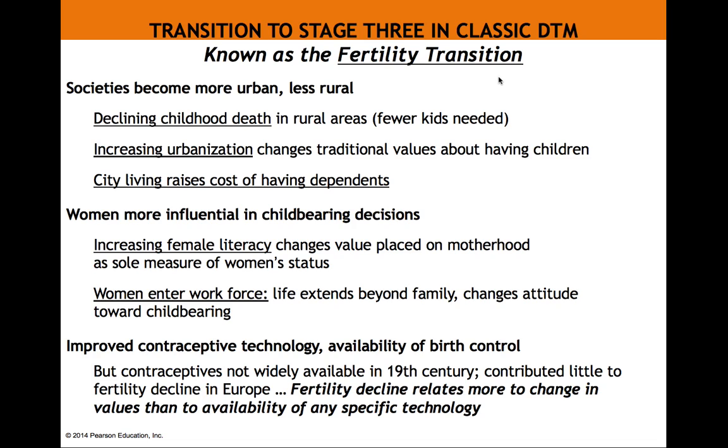Well, that deals with what is known as the fertility transition, and basically focusing on women and their empowerment in terms of increasing literacy among women, and also women starting to enter the workforce. We know that literacy or education and employment definitely affect a woman's decision on if she's going to have children or when she's going to have children.